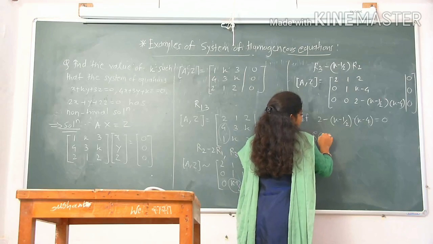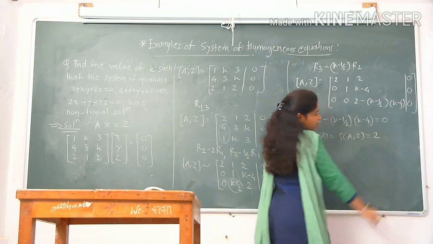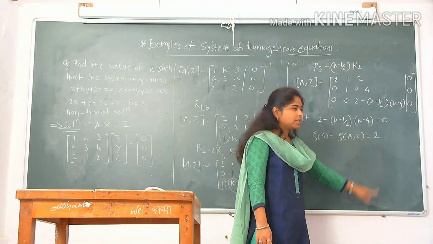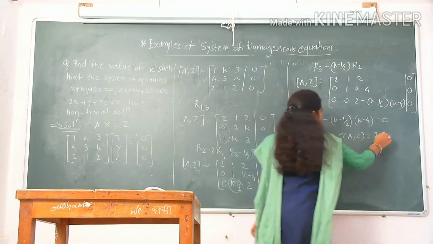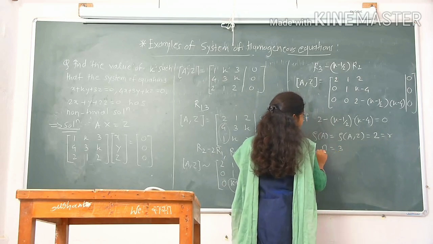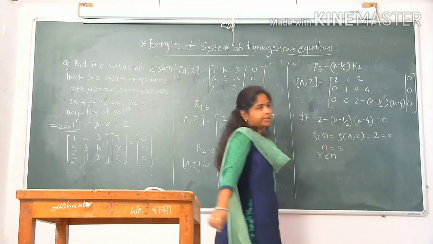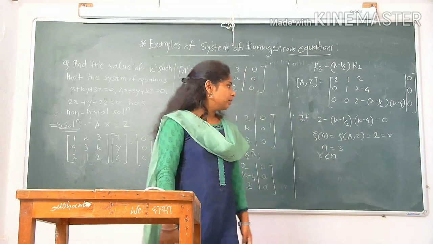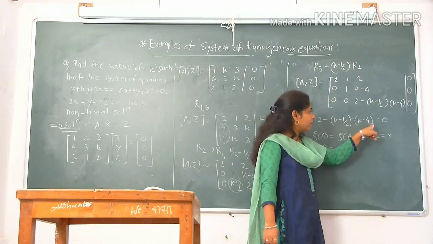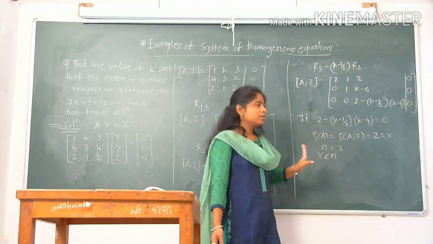So rank of matrix A is equal to rank of augmented matrix AZ is equal to 2, which is equal to r, and here n is equal to 3. So in that case we have r less than n. So if 2 minus k minus half into k minus 4 is equal to 0, then we get a non-trivial solution.